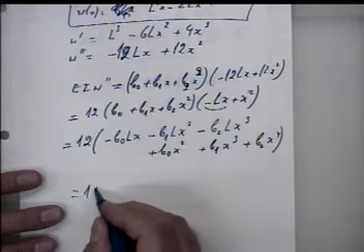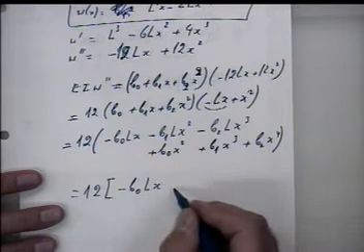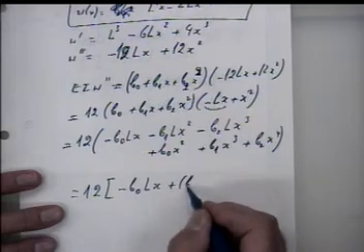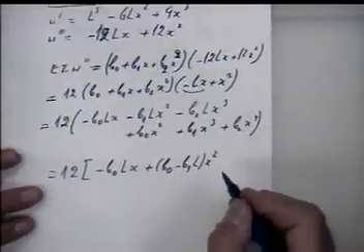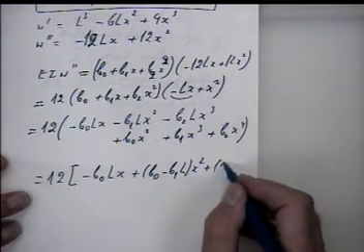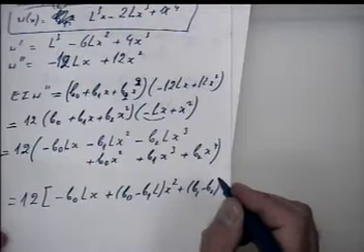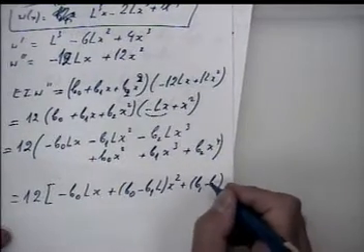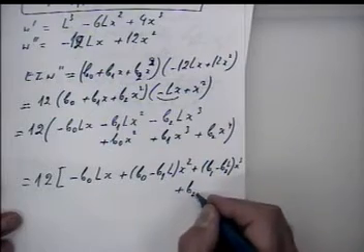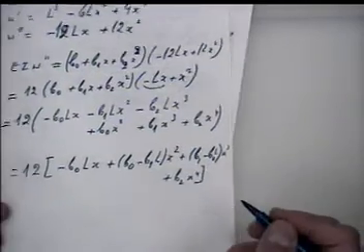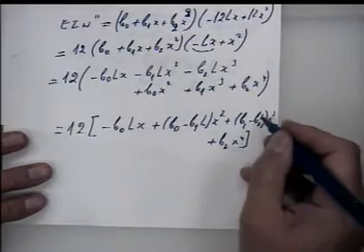So that equals 12 times minus B0 LX, and plus B0 minus B1L x squared, then plus B1 minus B2L x cubed plus B2x in fourth power. Okay? So that is a product.